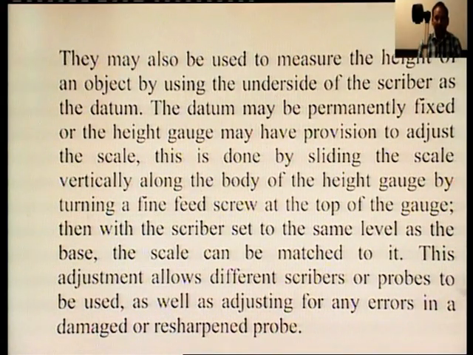Then with the scriber set to the same level as the base, the scale can be matched to it. This adjustment allows different scribers or probes to be used, as well as adjusting for any error in damaged or reshaped probes.